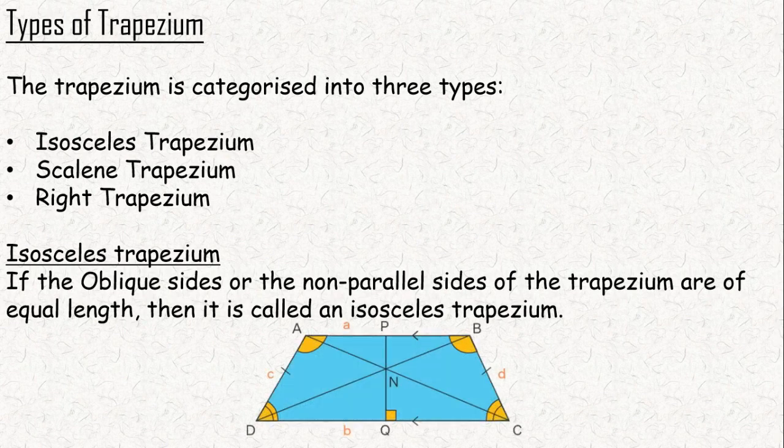Mainly in the isosceles trapezium, the non-parallel sides or oblique sides are equal. This is the only difference from other trapeziums. Only in isosceles trapezium, oblique sides are equal or congruent.